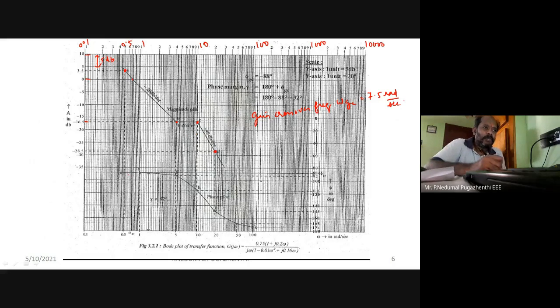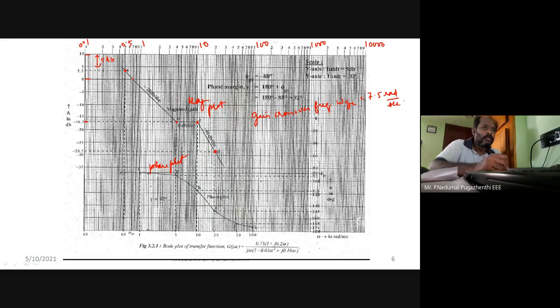And for the phase plot, if you plot all the points for omega from 0.5 to 100 or 200, whatever it is, and join those points, you will get a plot like this. This is your magnitude plot and this is your phase plot.